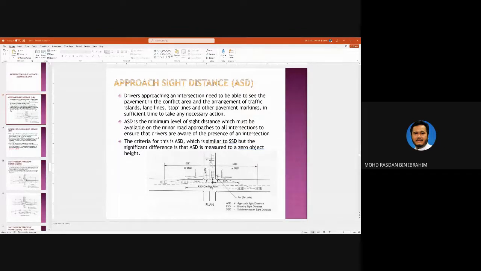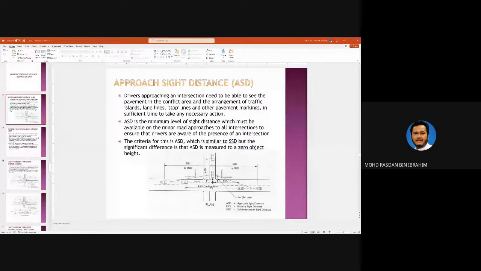Okay, so this is the distance for this driver on the minor road where it should be able to see the pavement and stop lines, everything here in the area of the intersection. So this is also H1, H2 is 0.